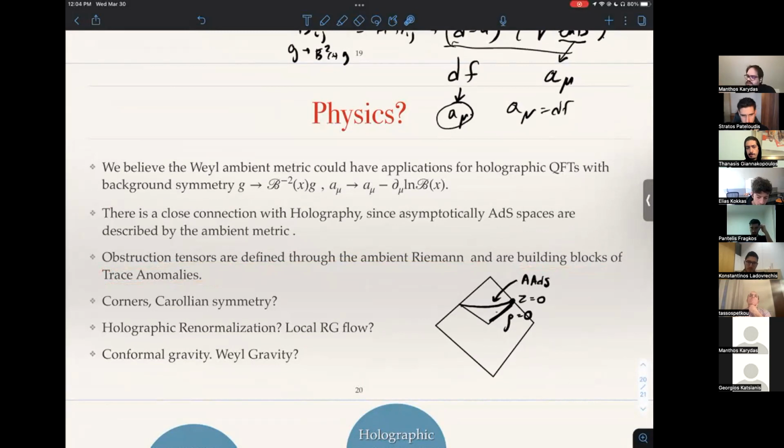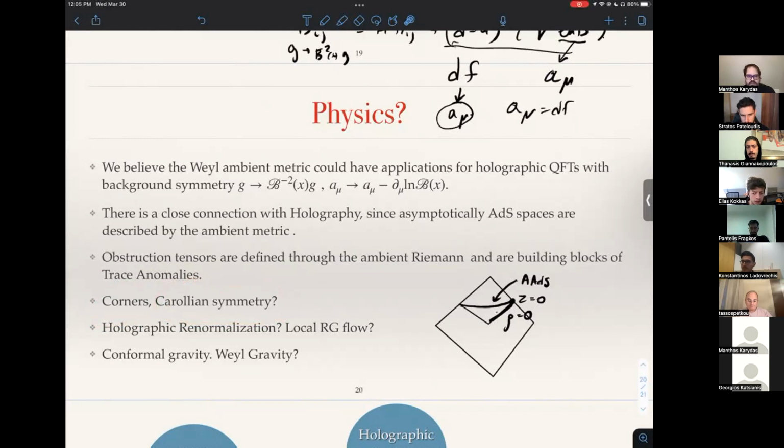Because I talked about codimension-two spaces and all that, we think this will have some application for corner symmetries, if you've heard of this, which are codimension-two charges in general relativity. And because we have a null surface, I think this Weyl connection is also embedded in Carrollian symmetry.